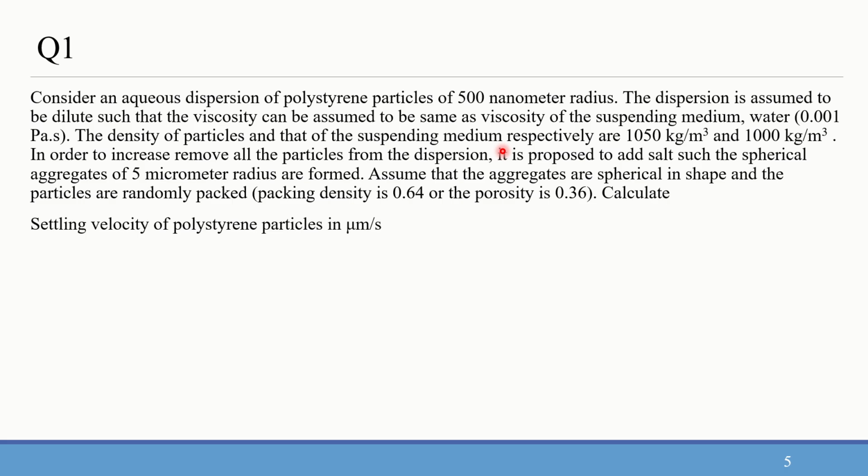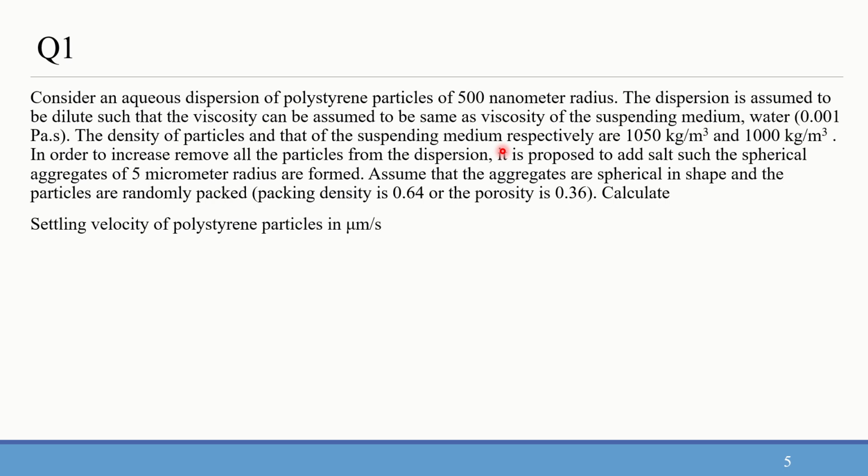So what is given in the question? We are told that polystyrene particles whose radius is 500 nanometer are dispersed in water, but the dispersion is very dilute, so the viscosity of the dispersion is the same as that of the suspending medium, 0.001.